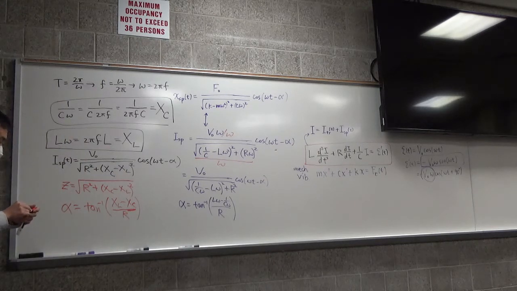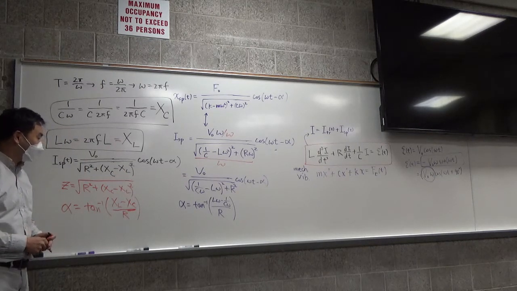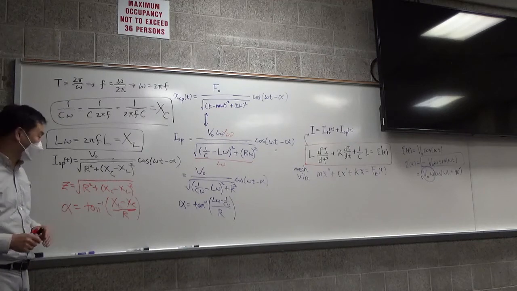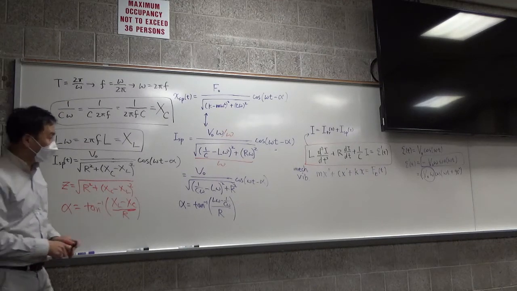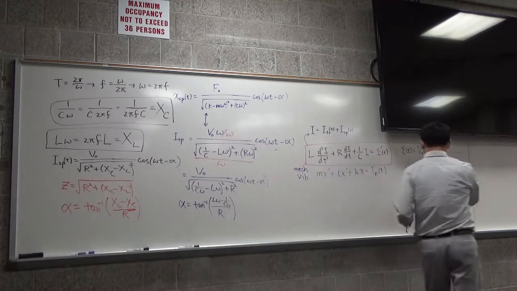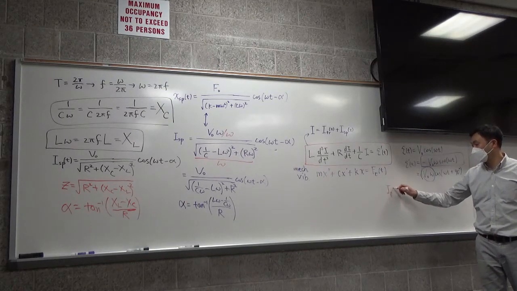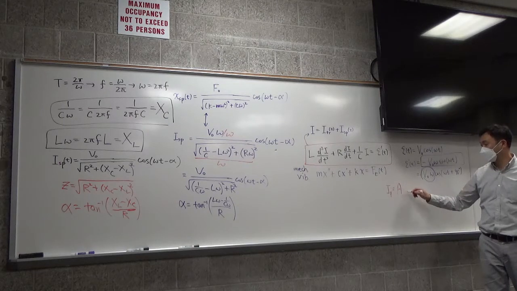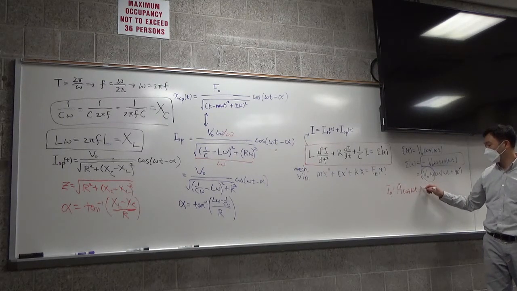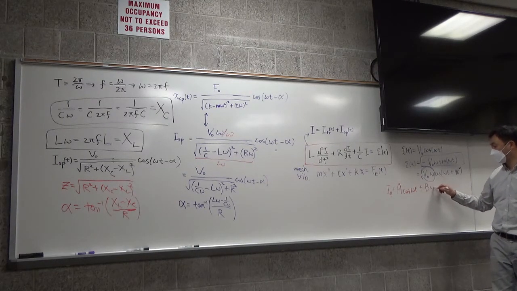Now, there's one more thing that you get as a bonus if you actually do the calculation. You'll see that when you solve this, how do you solve it? You solve it by saying that the particular solution is something times cosine omega t plus something times sine omega t, right?